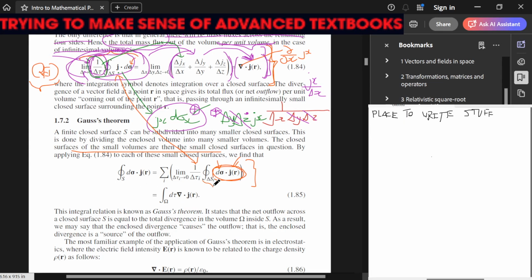So we're integrating over a surface, and we're summing up surfaces. Summing up is basically another integral.